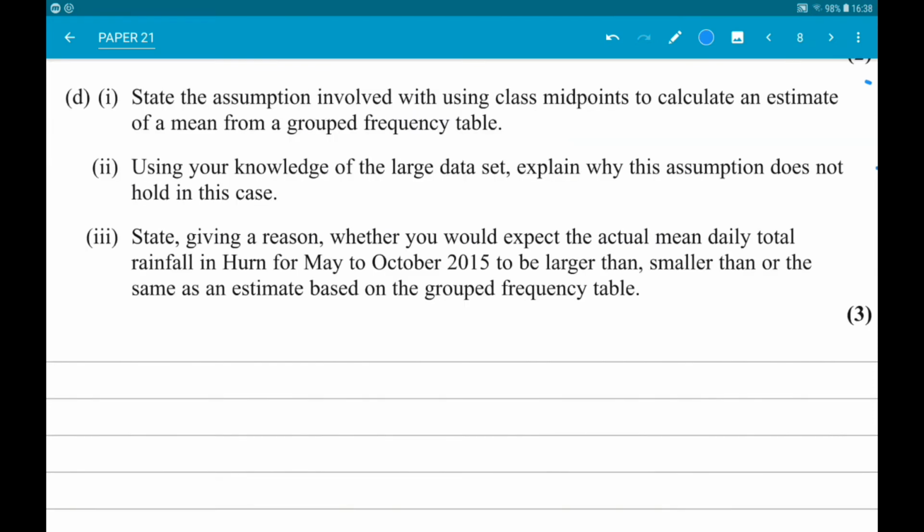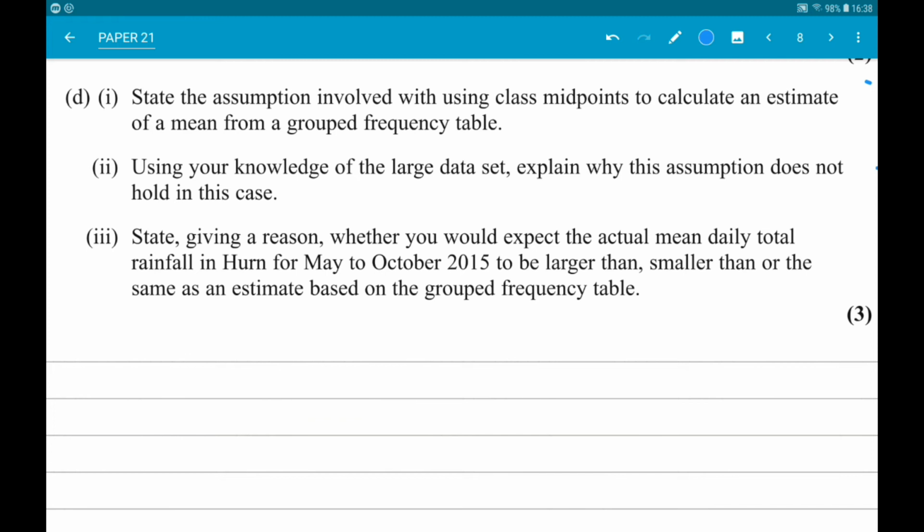D part 1. State the assumption involved when using class midpoints to calculate an estimate for the mean from a grouped frequency table. So what we are assuming is that inside each interval the data is spread out evenly or uniformly.